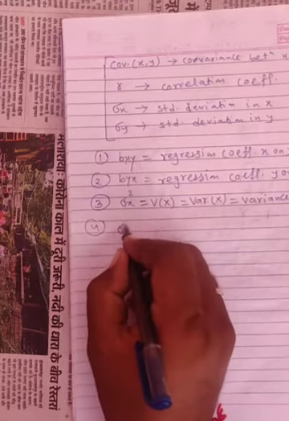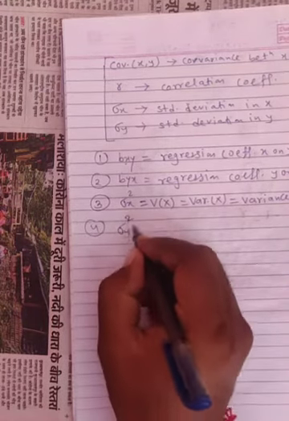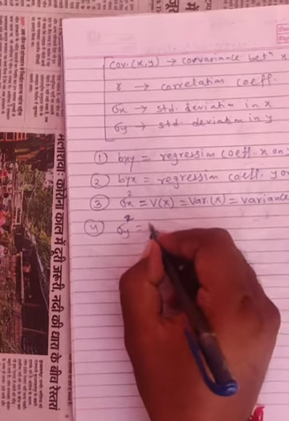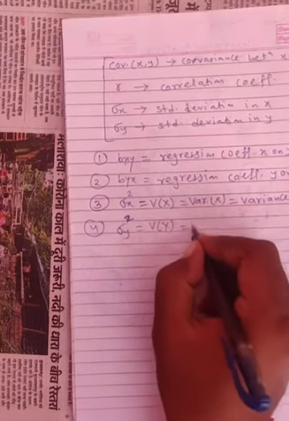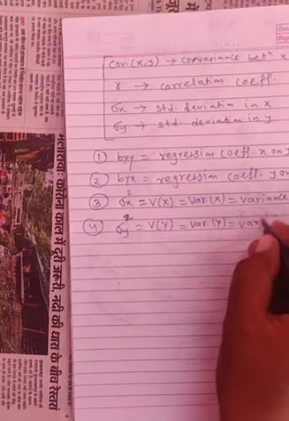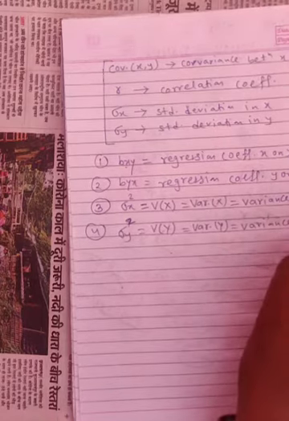Similarly, sigma square y can also be denoted as Vy or VARY, variance of y.